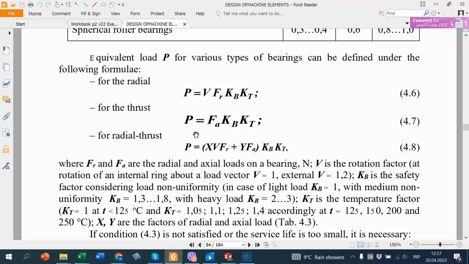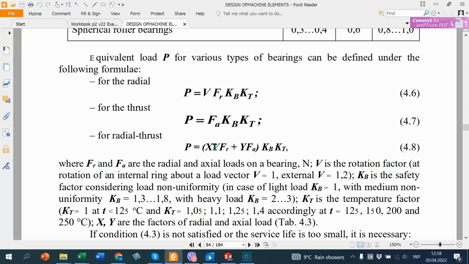is general. General means that we can use here sometimes radial load and axial load. But if X equals 1 and Y equals 0, it means that we should use Fr only if Fa is neglected.